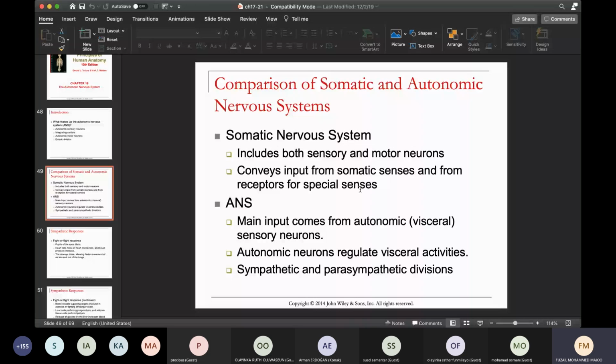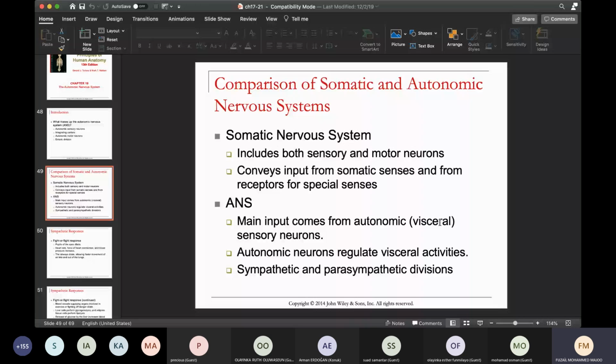Now, comparatively, the autonomic nervous system, or the ANS, and the somatic nervous system, the SNS. SNS, somatic nervous system, ANS, autonomic nervous system, okay? The main input comes from the organs, visceral and sensory neurons.